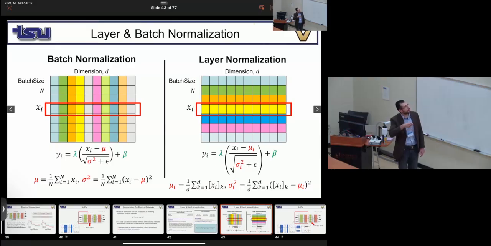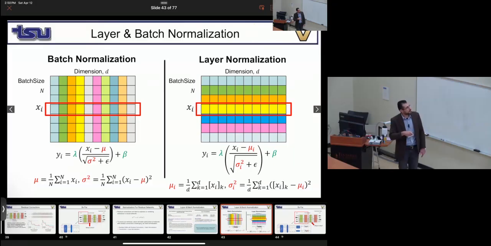I calculate the mean of that feature, then the standard deviation of that feature, subtract the mean, and divide by the standard deviation. Of course, if the standard deviation is 0, you don't want numerical instability, so you add a small epsilon to be careful.